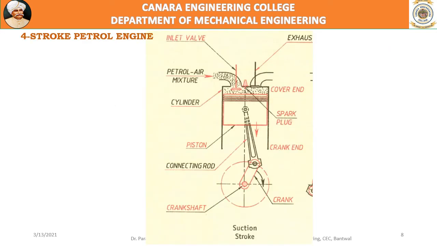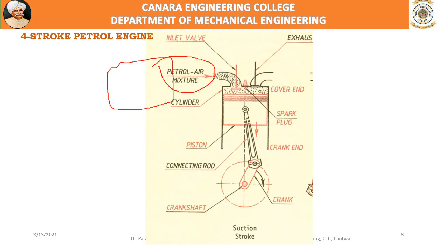Next, now we will study different engines one by one. First, we will take up a 4-stroke petrol engine. As I told you, in case of a petrol engine, an air-fuel mixture is taken into the cylinder. Prior to this, there will be another device called a carburetor.